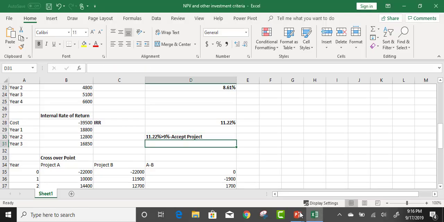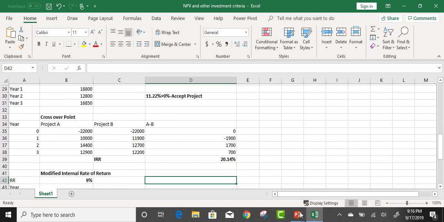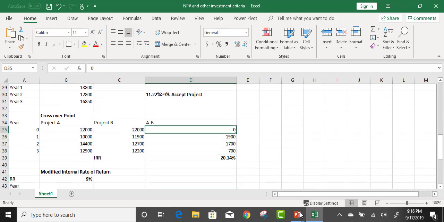The step to find the crossover point is to find the difference in cash flows of both the projects. So we have project A cash flows and project B cash flows, and the difference in cash flows, A minus B, is 0 here, right?